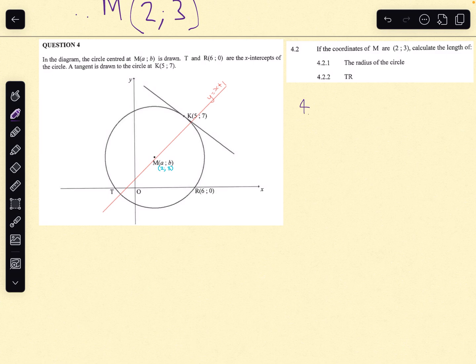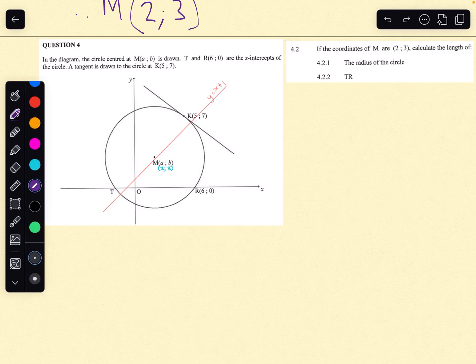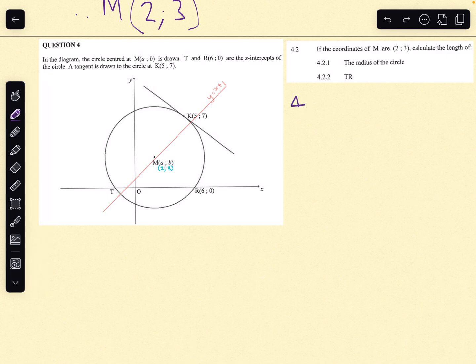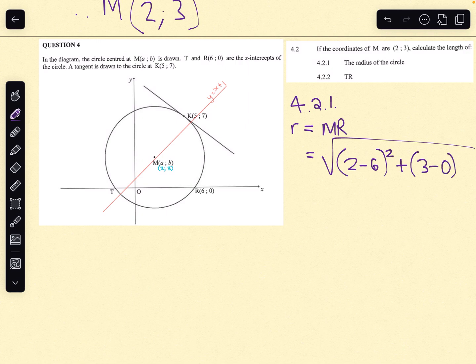So I'm going to go with mr. R is equal to mr, which is the difference between the x's squared plus the difference between the y's squared. So that is minus 4 squared, which is 16, and 3 squared, which is 9, square root of 25, which is 5. So the radius of the circle is 5 units long.